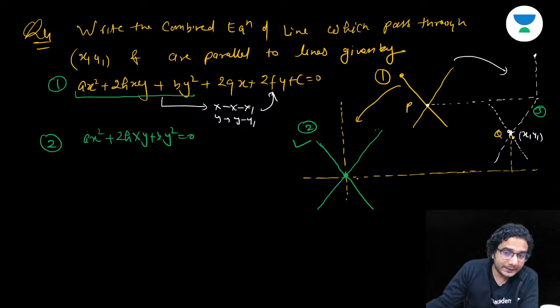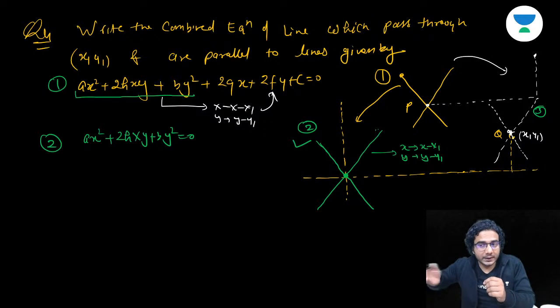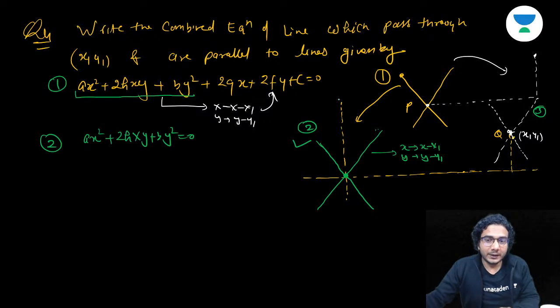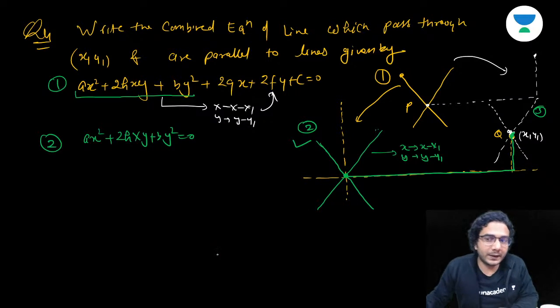Now in this curve we will replace x by x minus 1 and y by y minus 1. So this will translate x1 units rightwards and y1 units upwards. So x1 rightwards means this point will reach here, and then y1 upwards. And the point which is at the origin will reach this point.